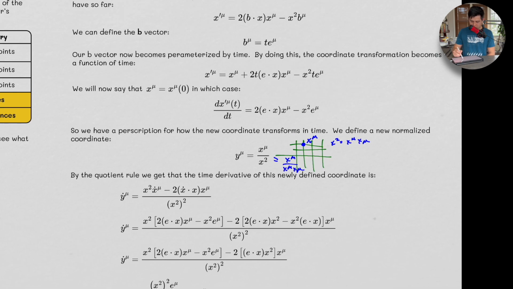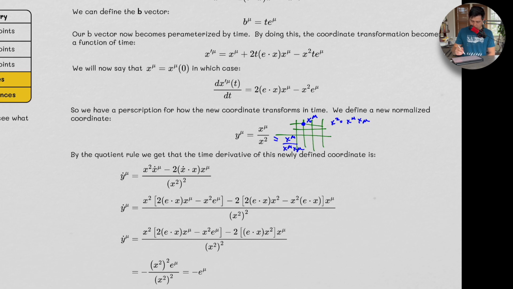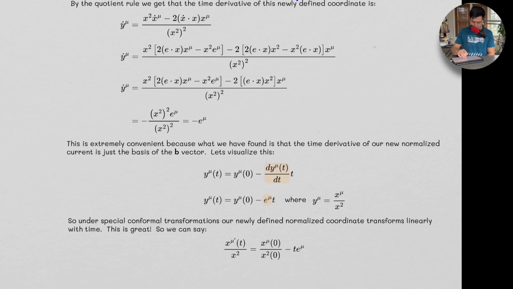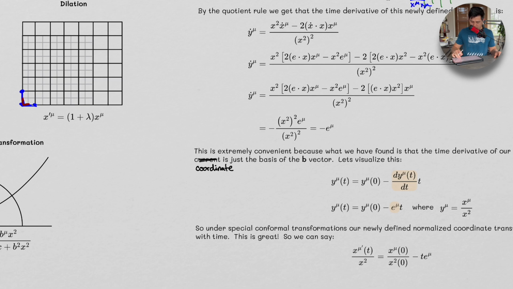This shifting vector was this thing up here, right? So the time derivative of this is this, okay? This is going to be extremely convenient because what we've now found is that the time derivative of our newly normalized coordinate is just our b vector.